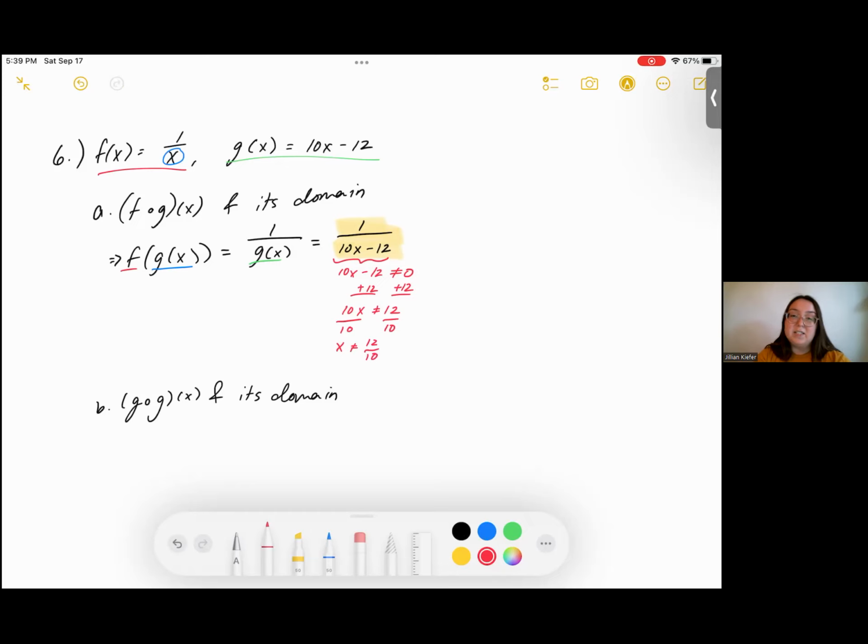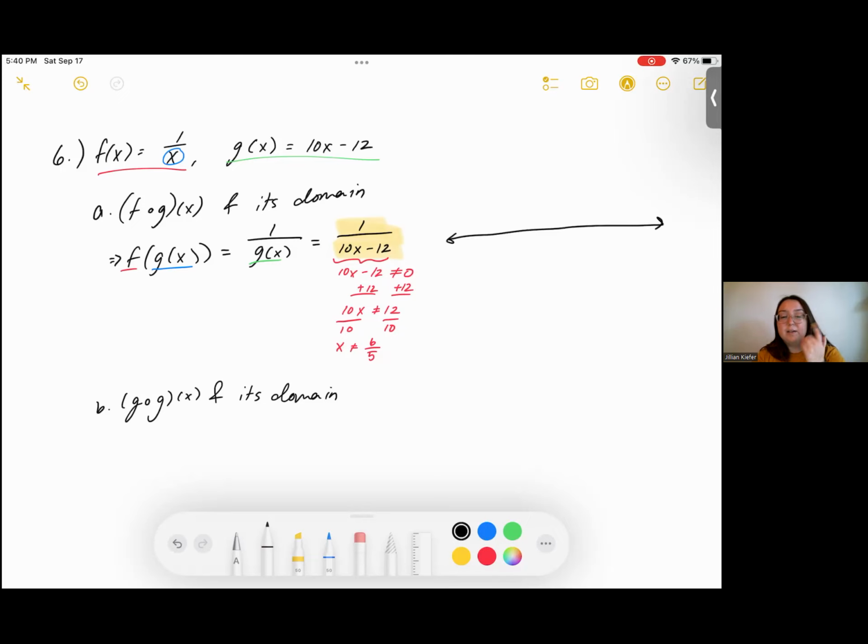We can simplify this statement. 12 and 10 are both divisible by 2. So we can simplify this to x does not equal 6 over 5. So we now know what x is not equal to, but x can be equal to any other number. And once again, if you want to put this in decimal format, that's all right as well for the exam. But we want to find the domain.